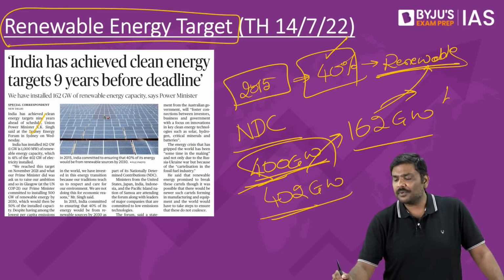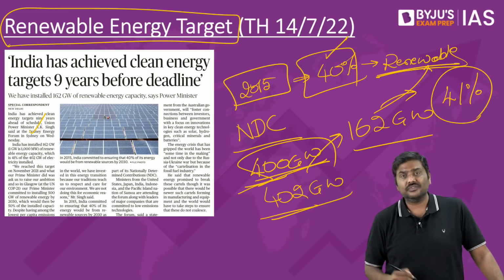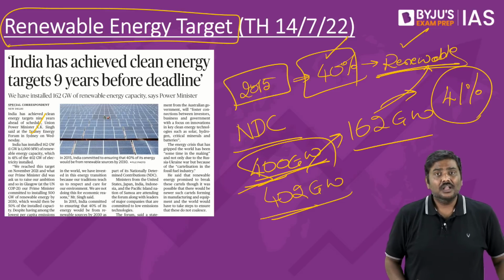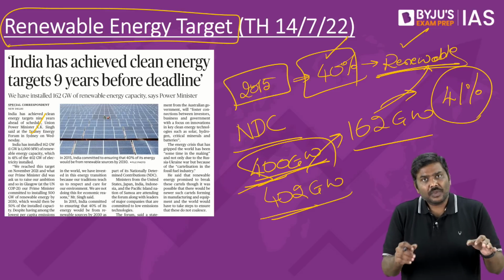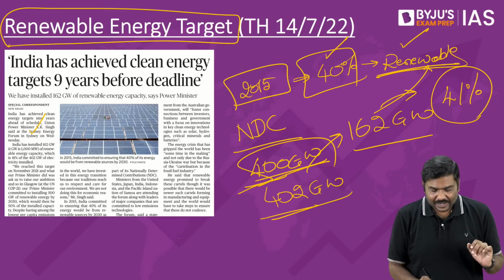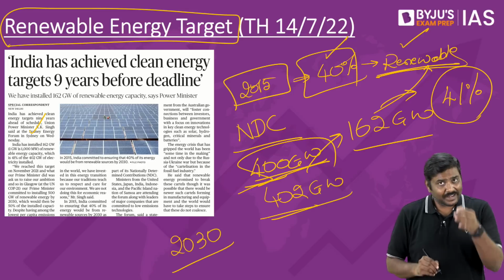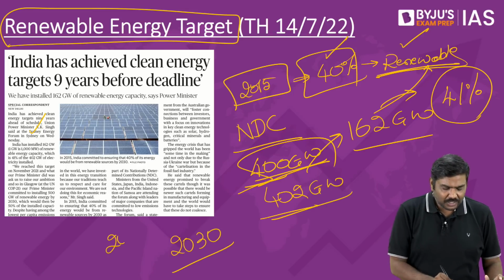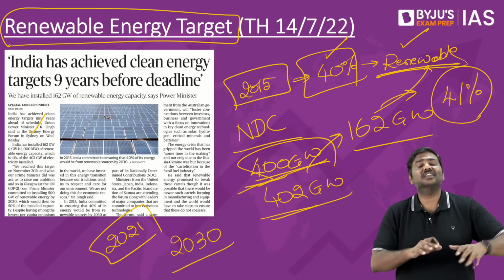That is approximately 41% of the energy that is produced in India. So, the government of India has claimed that even though we set up this target for 2030, we had stated that by 2030 we will achieve this, back in 2021 itself, we have achieved the target.